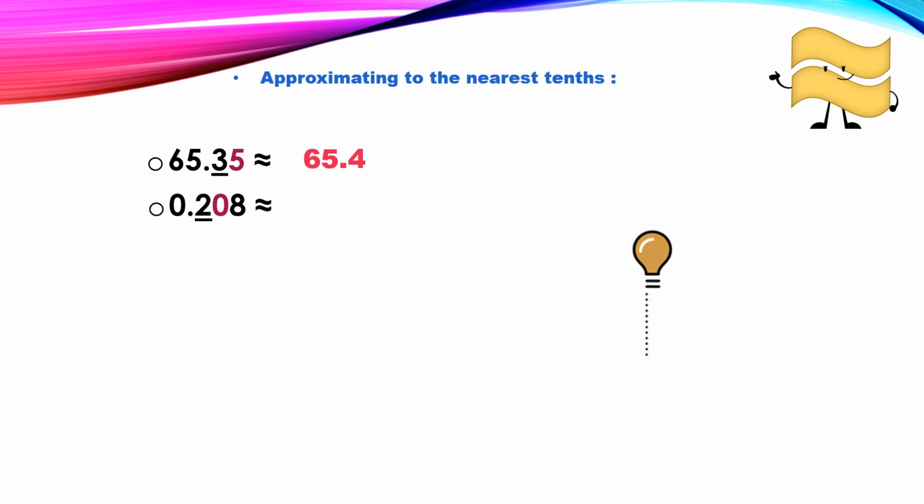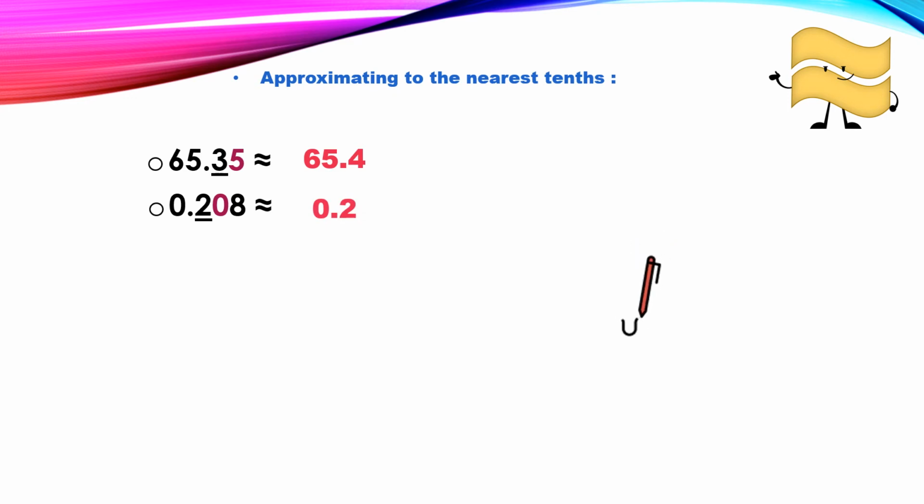Okay. Another question. 208 thousandths. How can I approximate to the nearest tenth? My eyes are on the number in the tenth place. 2 is in the tenth place. Okay, what is the digit before it? It's 0. Poor or rich? Very good. It's very, very poor. So I will replace all the digits before it with 0 and keep 2 as it is.